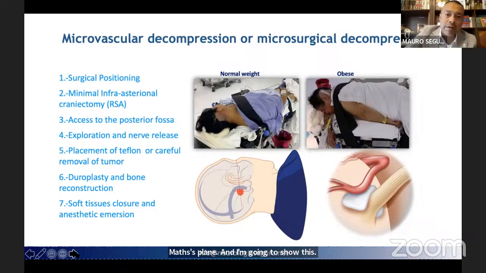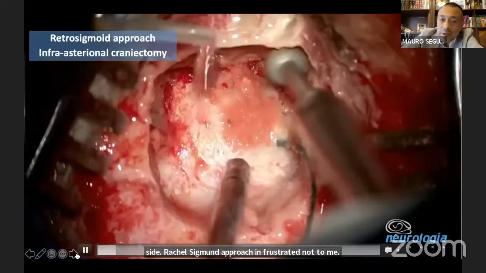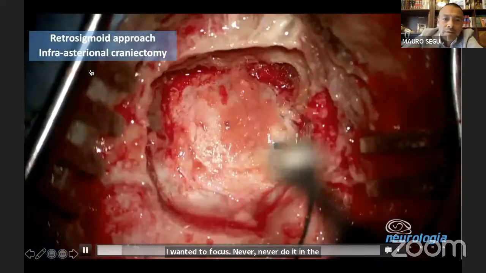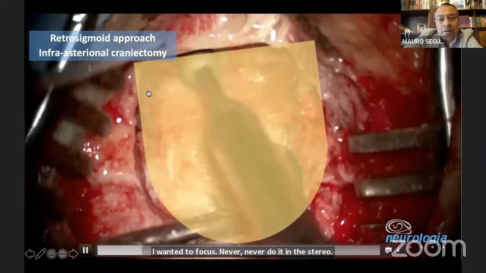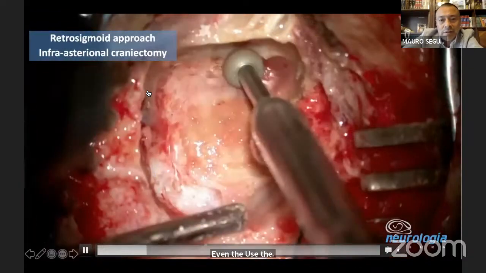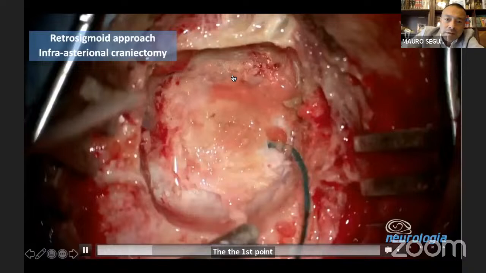This is the right side, retrosigmoid approach, infra-asterional craniectomy. I want to focus: never start at the asterion. Even though the name is asterional approach, we never use the asterion as the first point. This area corresponds to the sigmoid sinus.